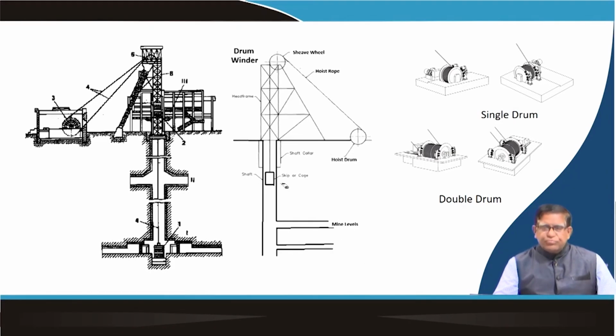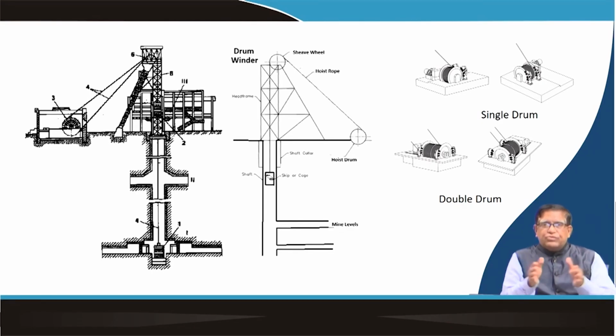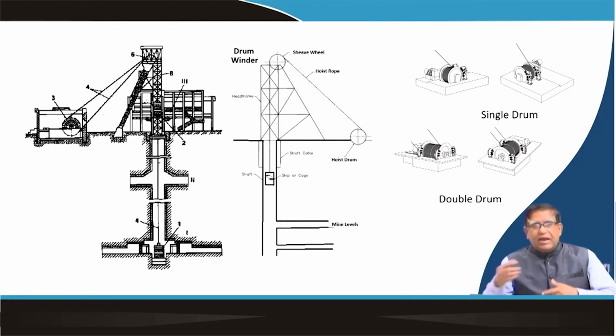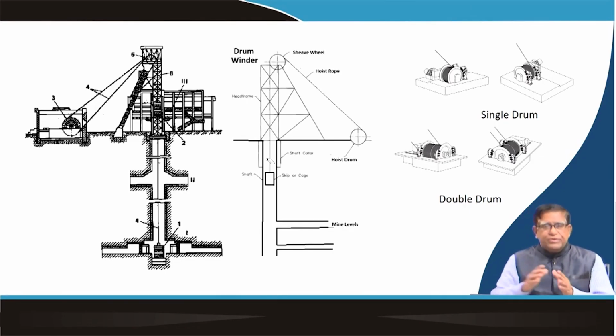There are a lot of technological arrangements for arranging the safety and convenience, and how it will be placed over here, so that it will have a guide rope, so that the whole cage does not swing, which would increase the dynamic load. Your wear rope should always be under proper tension, it should not kink, and wear rope damage should not take place.